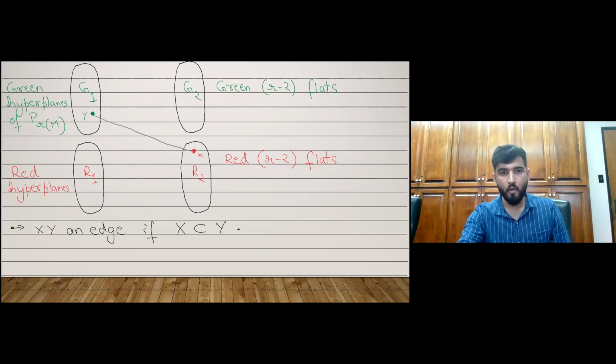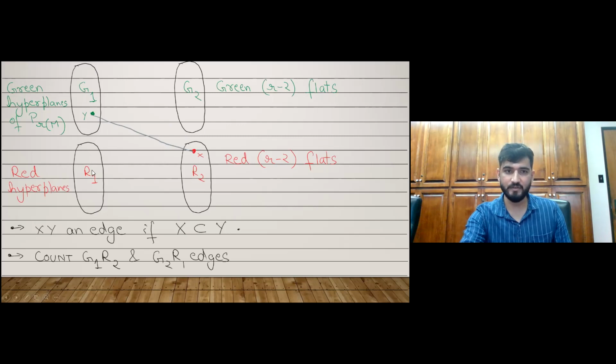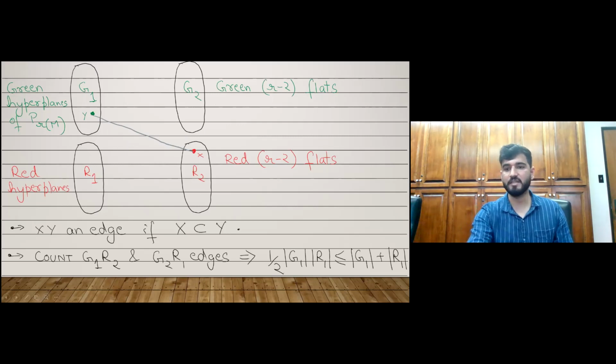The idea is we count the cross edges, that is G1R2 edges and G2R1 edges. We count these cross edges in 2 different ways, and that gives us this inequality. If we fiddle around with this inequality, that gives a bound on either G1 or R1. So what is the cardinality of G1?